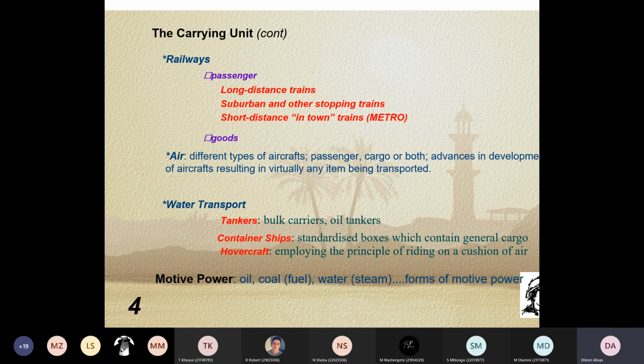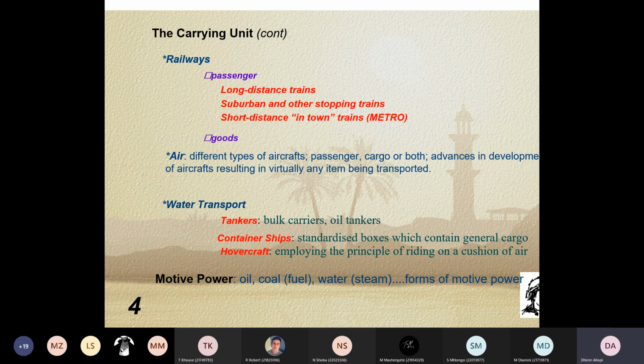Water transport, again, you have from tankers to container ships, hovercraft. The tankers are your bulk carriers, oil tankers, and of course other material as well, other container ships. You may have seen these container ships.